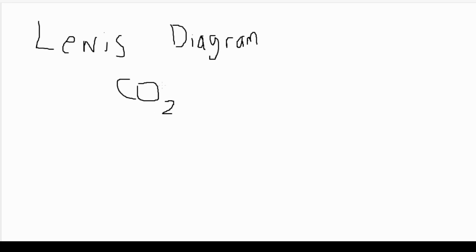So if you look on a periodic table, you'll see that carbon has 4 valence electrons and oxygen has 6. And if you're confused on how I did that, I would go review the video on valence electrons, which was back in Unit 1, I believe. Go review that so that you understand your valence electrons.